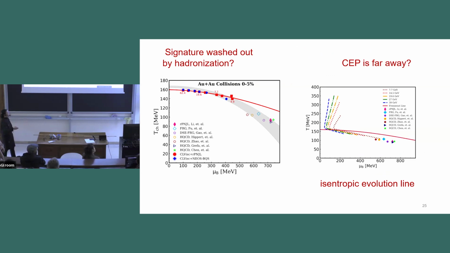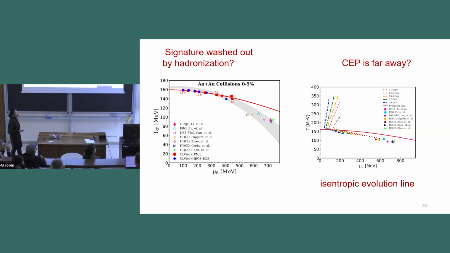This is the isentropic line, or the evolution of the system, for different collision energies. It is far away from the critical point. So this might be the reason that we cannot see the peak structure.